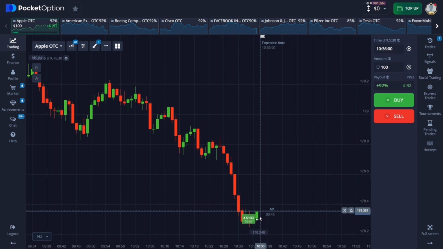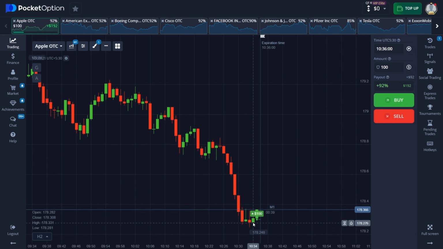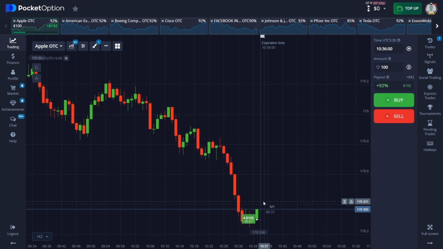As you can see, the trade is going in our favor right now. You will notice there was a divergence and the green candle engulfed the previous red candle. This indicates that the trend was trying to reverse, which is why I took this upside move.